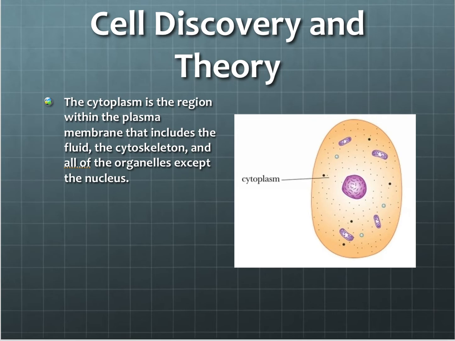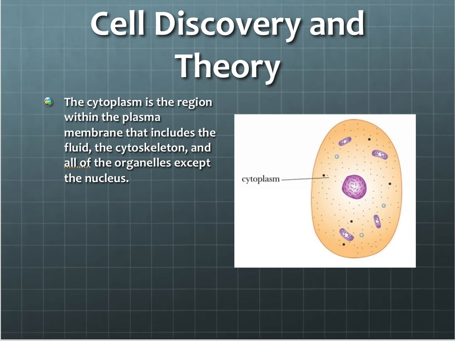So with the cell now, it has to have some kind of shape because the cell membrane itself is not a real rigid, hard membrane. It's very fluid. Remember, all of your cells are in water, so they're very fluid, which means they're very flexible. So something has to give the cell shape, and that's why we call it cytoskeleton, with cyto meaning cell. So this is the skeleton of the cell.